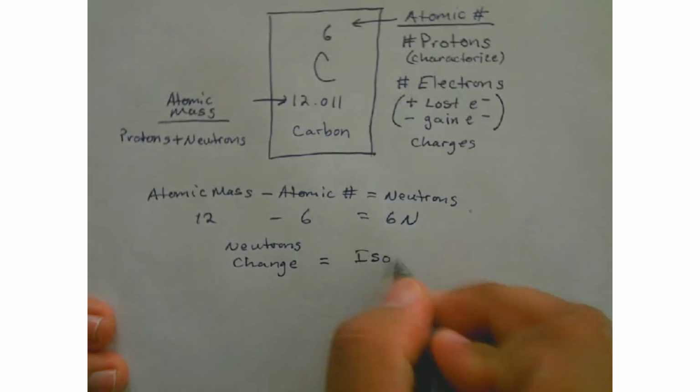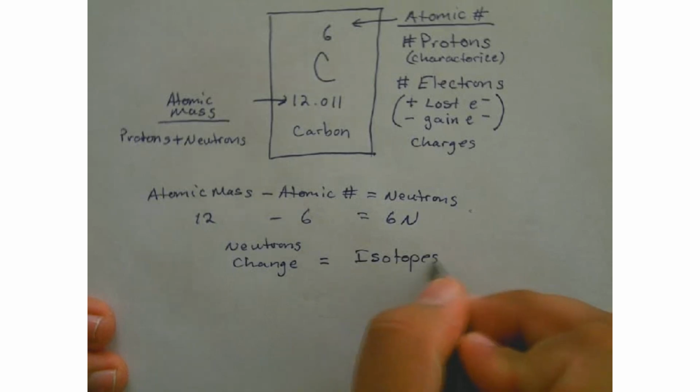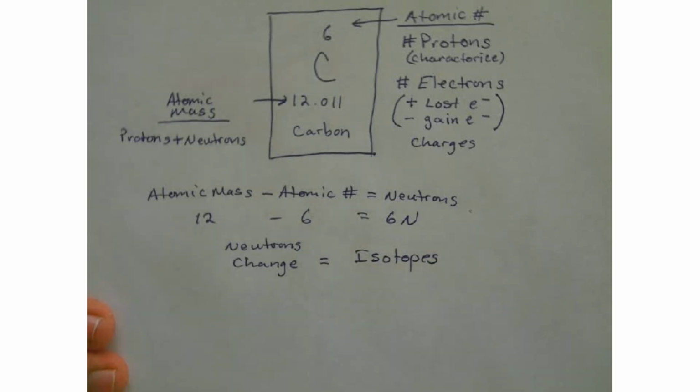That's a fancy word for saying changing number of neutrons. So whenever you hear that word isotope, just start thinking about the mass because you got to calculate the number of neutrons. That's it. When neutrons change, that means isotopes, a different number of neutrons. So all you're going to be doing is calculating neutrons.